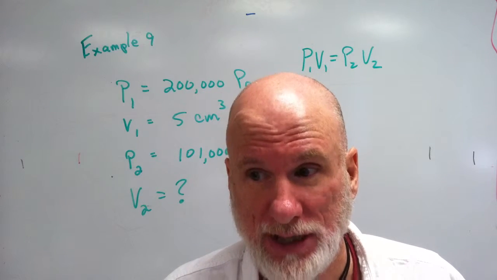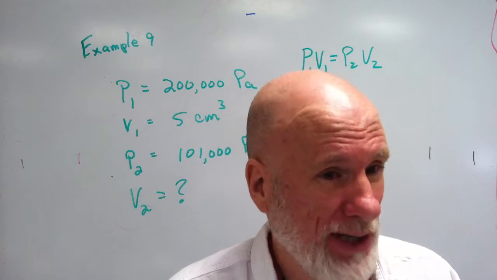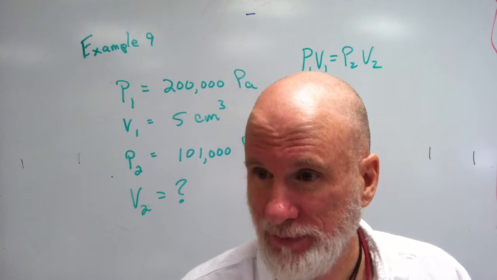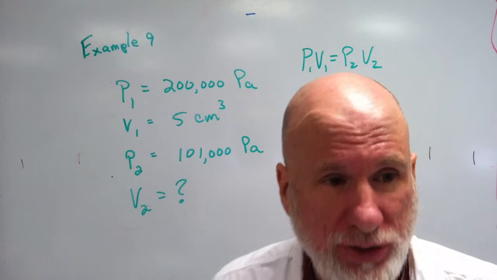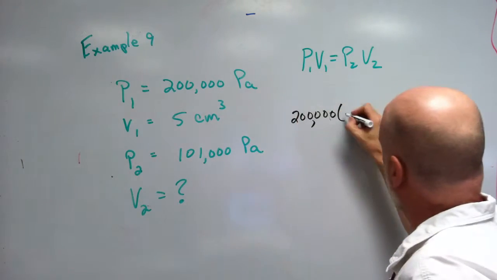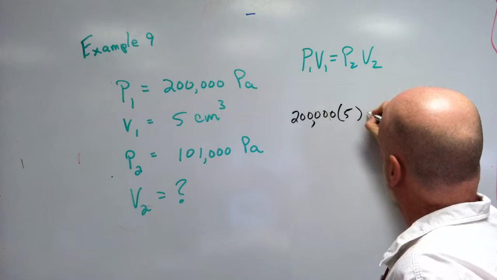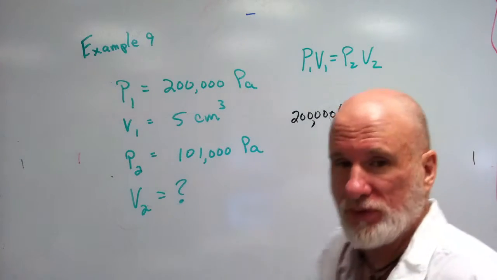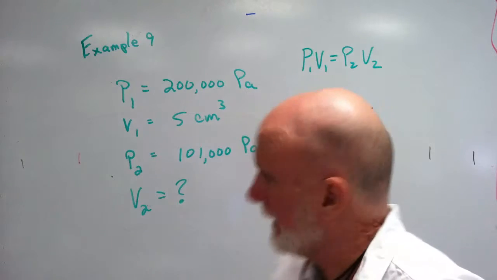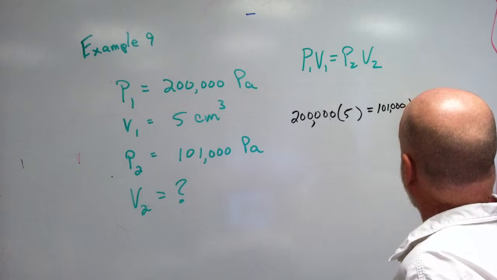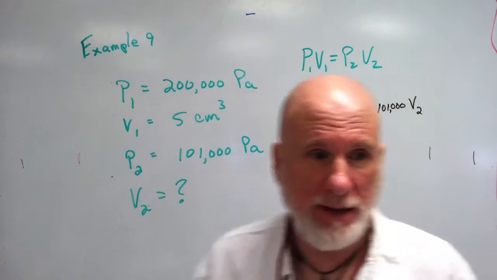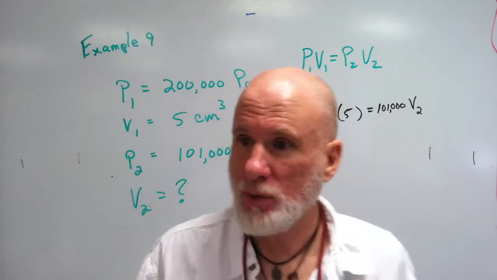Now, I might convert it, I'll show you how to do that, but we're going to calculate it in cubic centimeters. So, the initial volume is 5, equals the new pressure, which is 101,000. Everybody understand that? Everybody have that? So what's the answer?